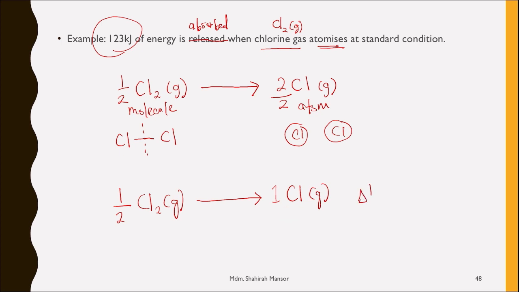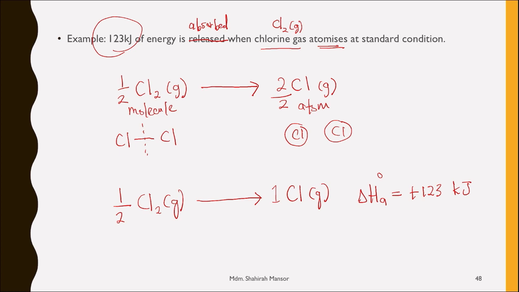So the enthalpy of this reaction, delta H naught A, is plus 123 kilojoule. Again, in a thermochemical equation, the unit is restricted to kilojoule only, because we already set this equation to be 1 mole on the product part.